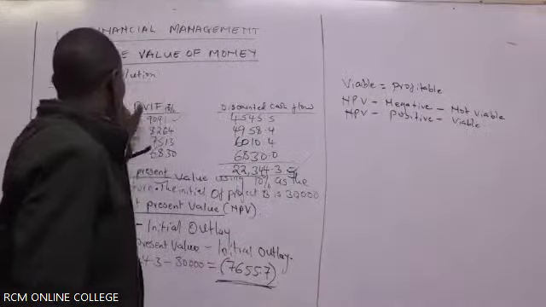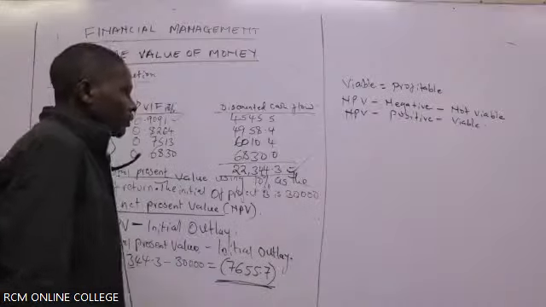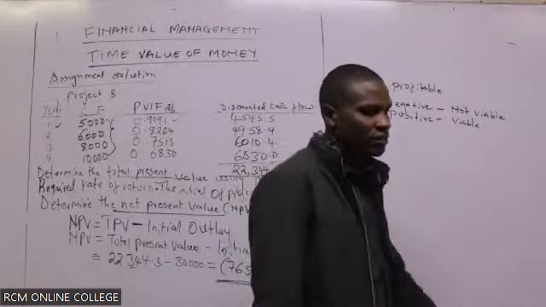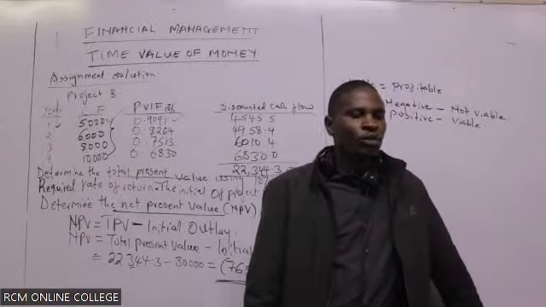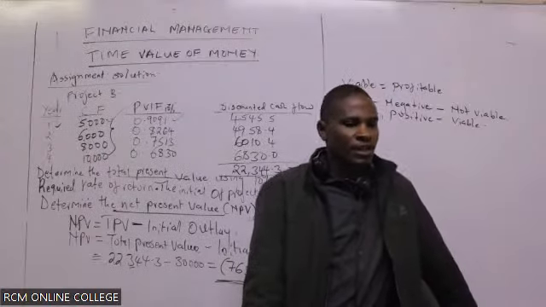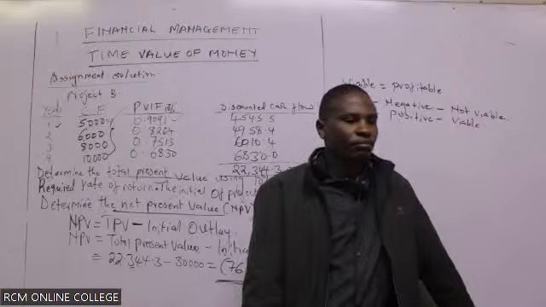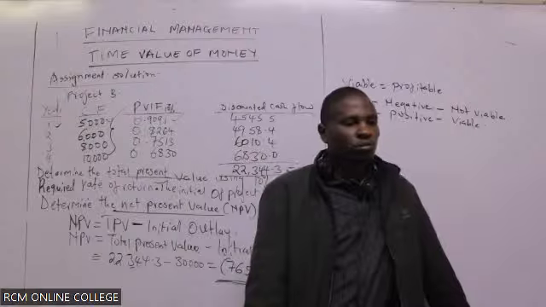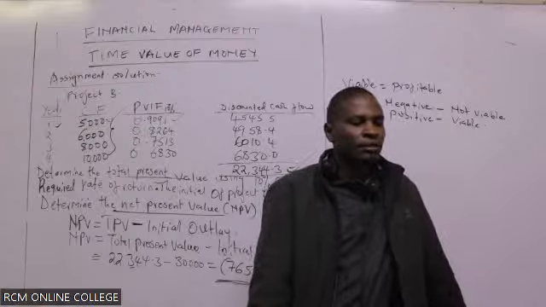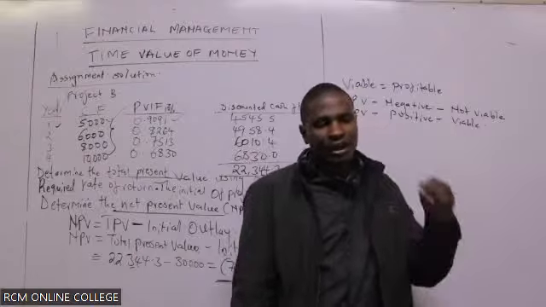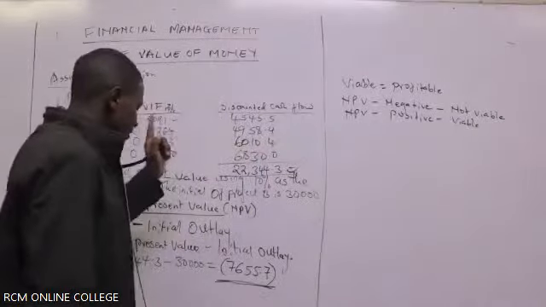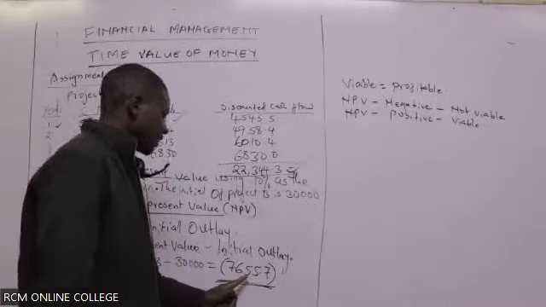So in our case, what do you tell the investor who wishes to invest in a project with this type of cash flow? Should they invest in project B? Yes or no? Naomi tells us no. Exactly, it's a no, because the NPV that we are getting here is negative.